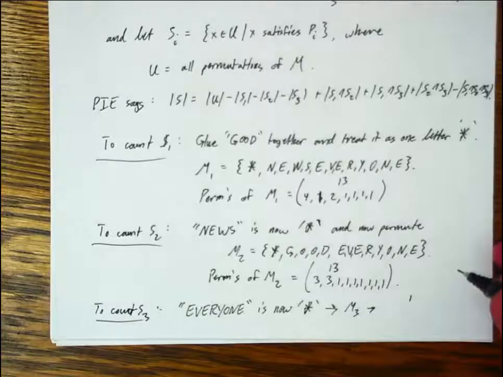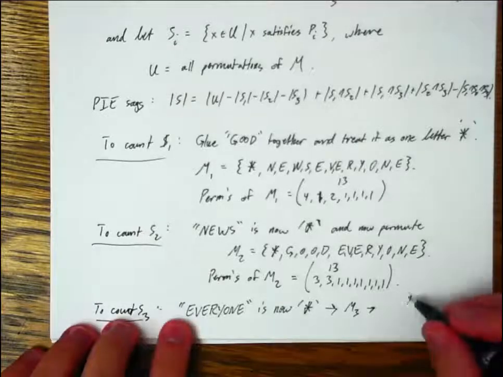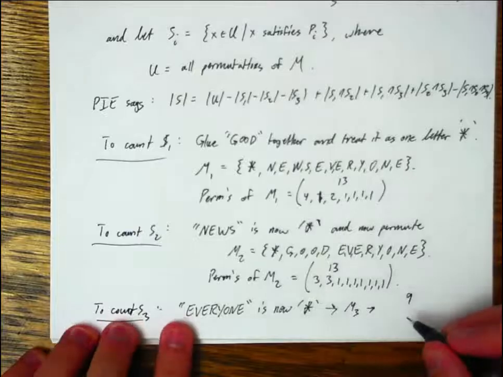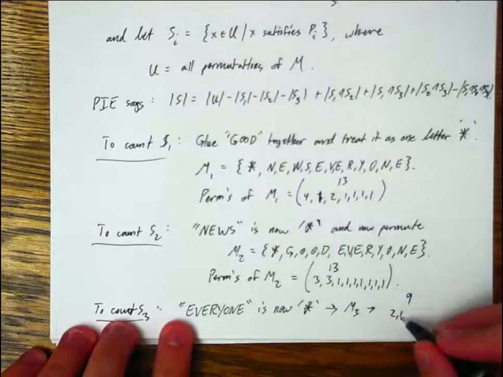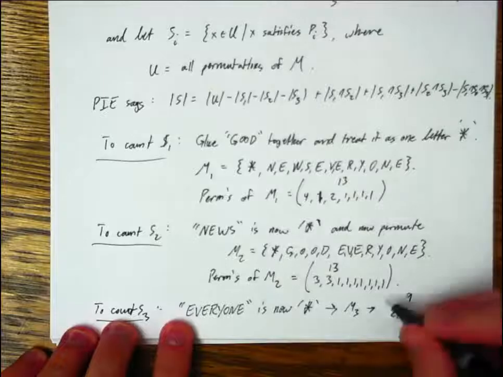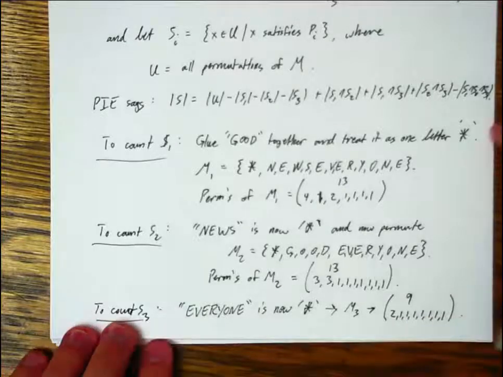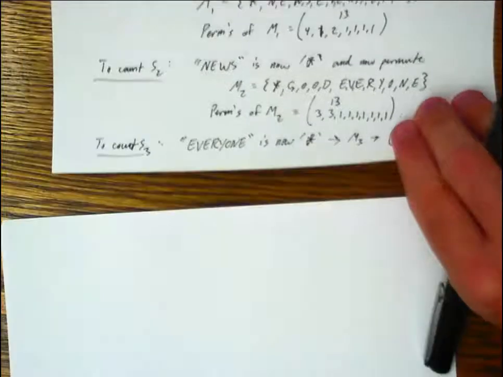I took out 8 from a total of 16. So this is actually 8 remaining letters and 1 star that corresponds to everyone. So this is 9. And then I'm permuting, let's see, O is repeated twice, everyone else gets a 1. 1, 3, 4, 5, 6, 7, 8, 9. All right. So that's how we wind up counting the singleton sets.